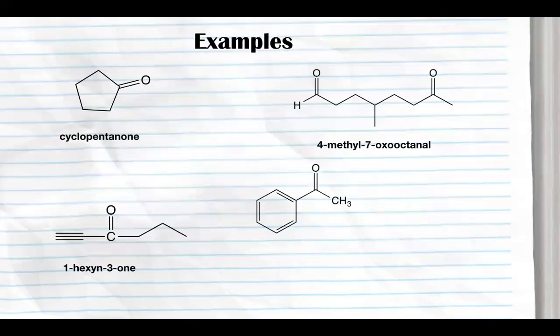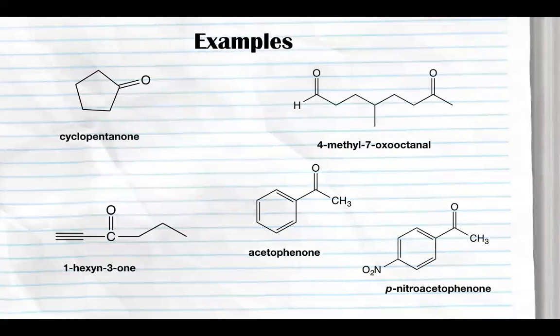All right, have you seen this compound? This compound is referred to as acetophenone. It's one of those special benzene names for the aromatic compounds. Now let's stick something on there. How about a nitro? What is the name of that going to be? Para-nitroacetophenone. See how we got that?